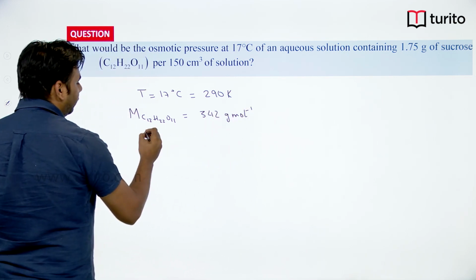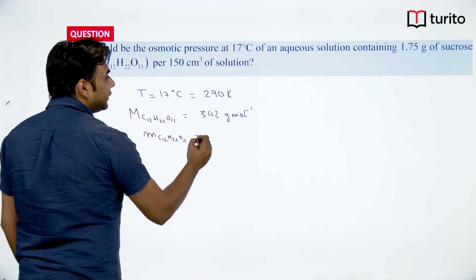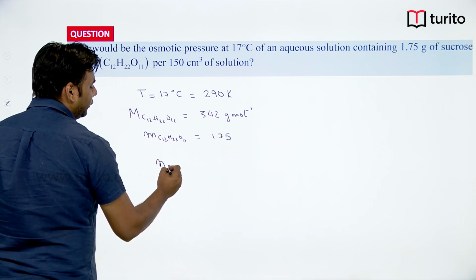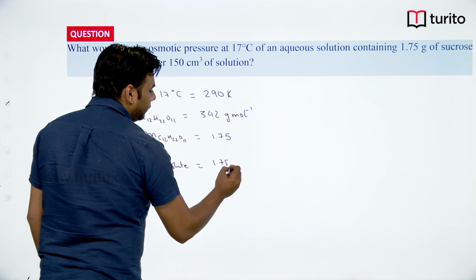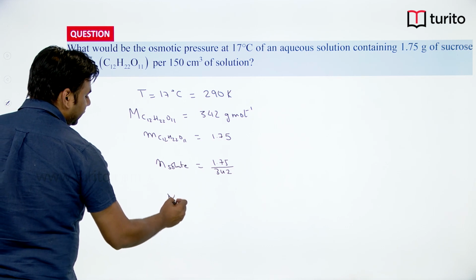Mass of sucrose has been given to us as 1.75, so we can calculate the number of moles of the solute. That would be 1.75 upon 342. We can calculate the concentration.